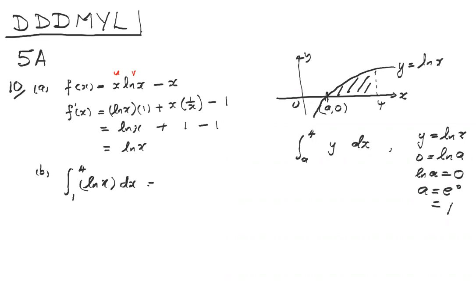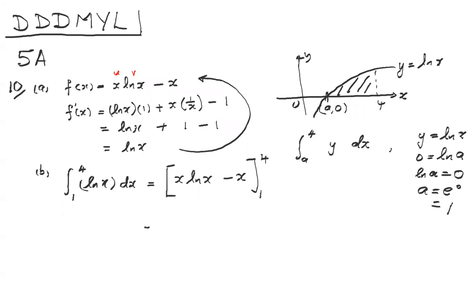If I integrate this, I will get back this. Am I right? So I will write down x ln x minus x. That is the integral of ln x in this case, from 1 to 4.